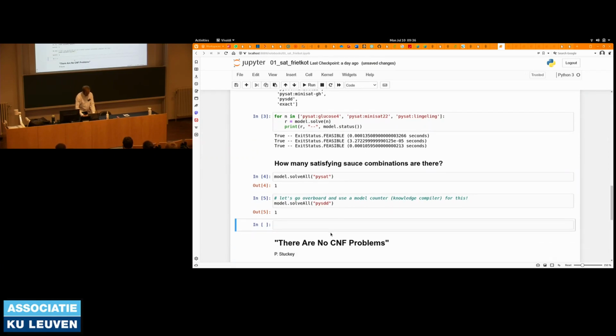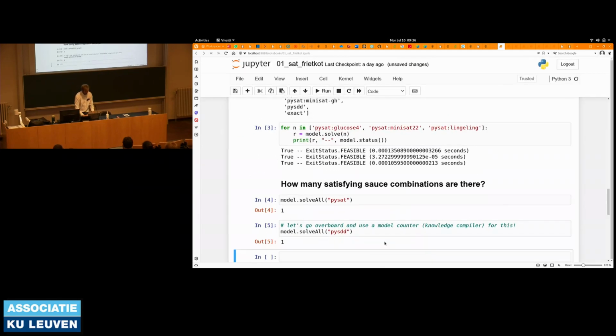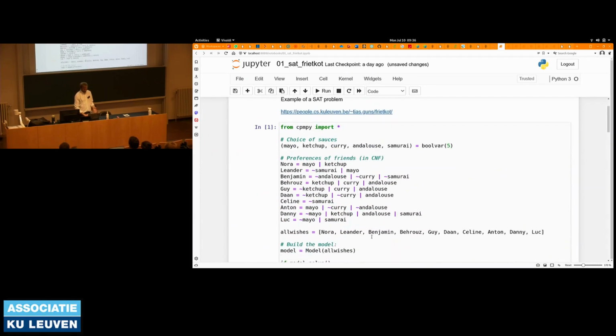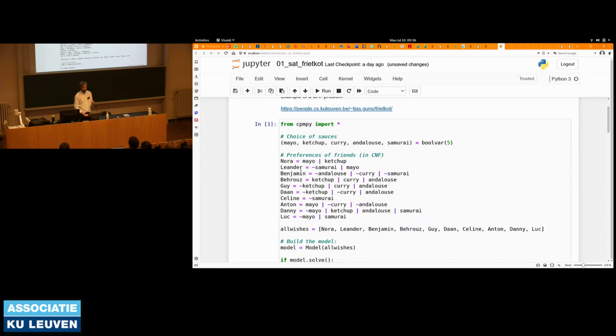All right. Now there's a quote that I like very much by Peter Stuckey, one of really the core people in the constraint programming research field. He gave this invited talk at some point called "There are no CNF problems." And the main point is that when you have a problem you want to solve, it is not yet in CNF format, right?